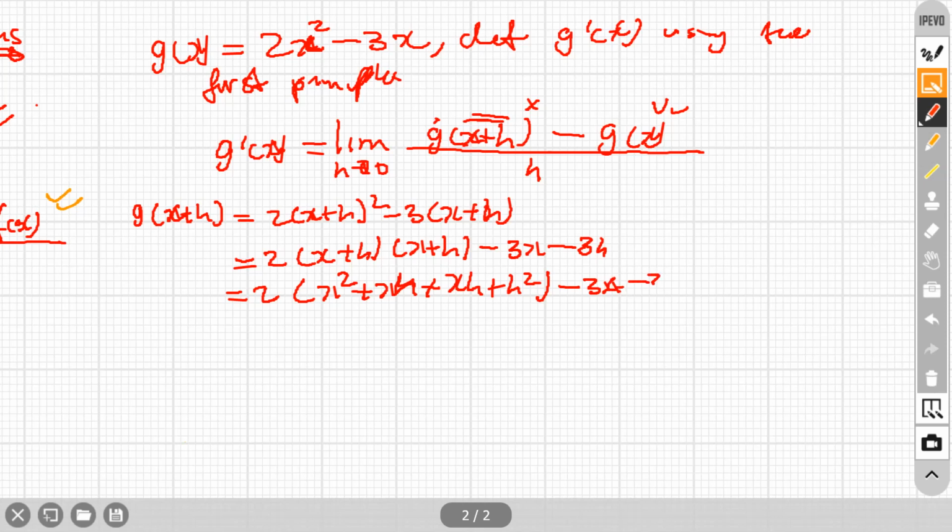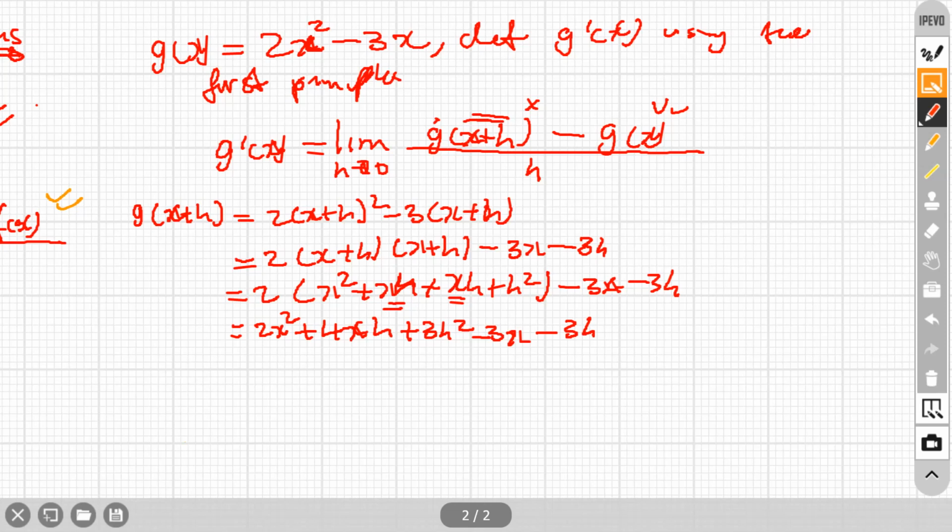Then this 2 multiplies everything inside the bracket, which is going to give us 2x squared plus, this one and this one are like terms. When we add them, we get 2xh, so times 2, which is 4xh, plus 2h squared, minus 3x minus 3h.